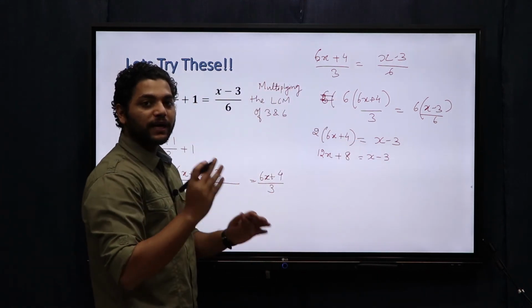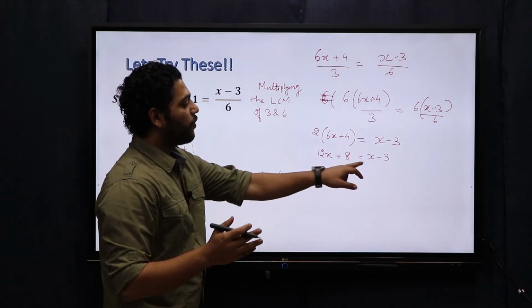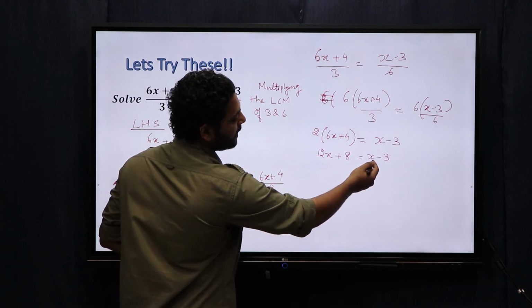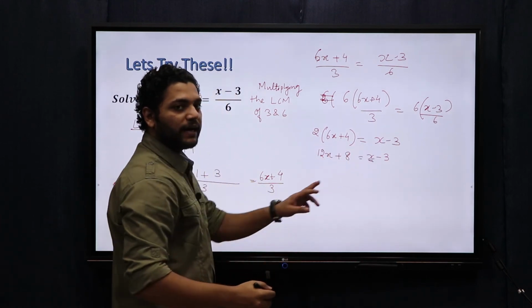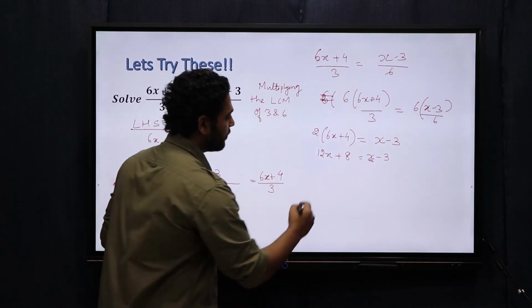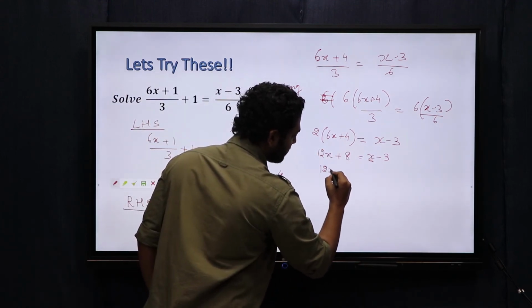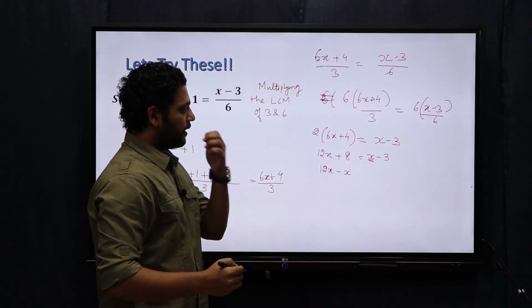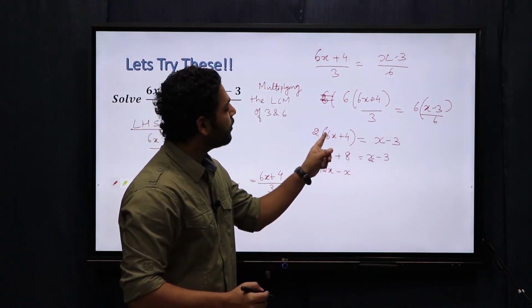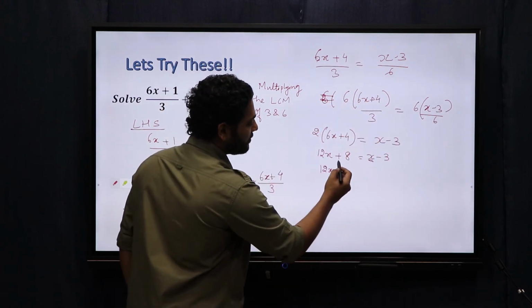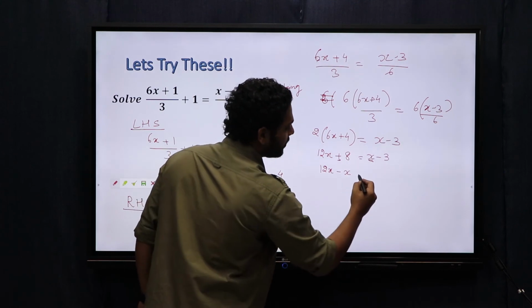Now again using the transpose laws, I want the variables on one side and the constants on the other. If I move the variable x from here to here, it is positive here, so if it comes here, it becomes negative. So I can write 12x, I bring x here, so it becomes minus x. Now I take this constant from here and transpose it to the right hand side. If it is plus here, it becomes minus on the other side.